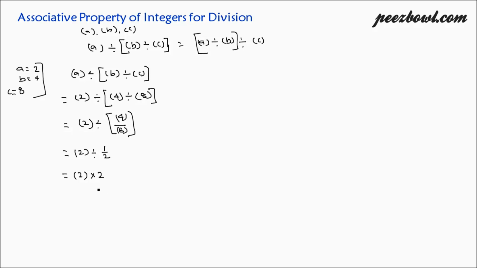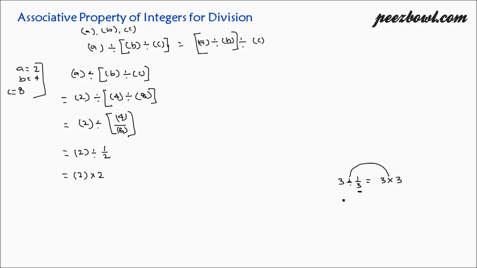How did this happen? Because we know that division is the inverse operation of multiplication. So when we have 3 divided by 1 upon 3, this will be equal to 3 when we change division to multiplication. Then we invert 1 upon 3 also, so this becomes 3.